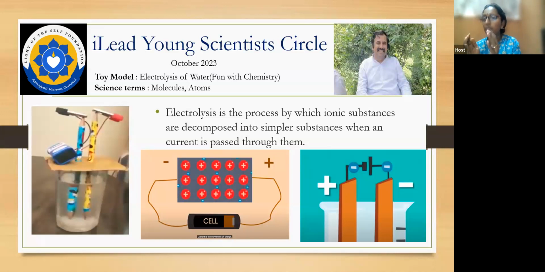The analogy: when the ma'am makes groups, then you can discuss and the probability of winning will be higher. In the same way, you are mixing 2 or more atoms together to form a molecule. 2 or more molecules together form a compound, like that. Okay, so as in that, I can give one more example.